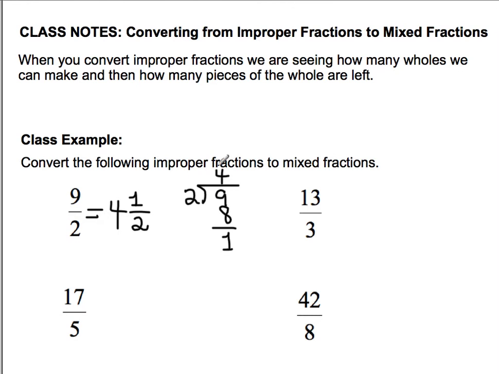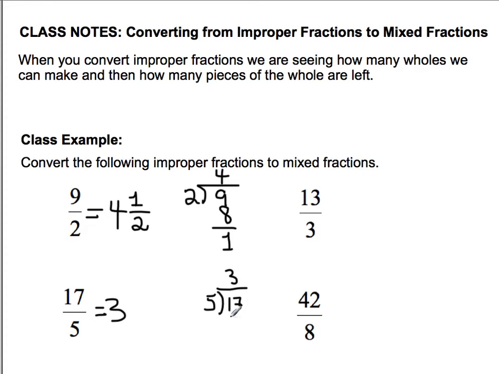This is the whole part of our mixed fraction. That's our numerator, and our denominator always stays the same. We never change that. Okay, so again, we're going to go off to the side and do a little division. How many whole times does 5 go into 17? 5 goes into 17 3 whole times.